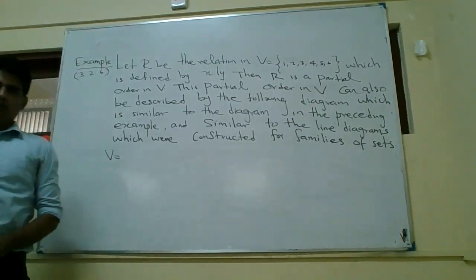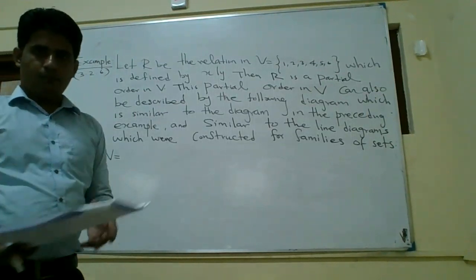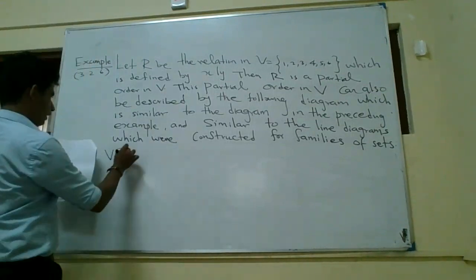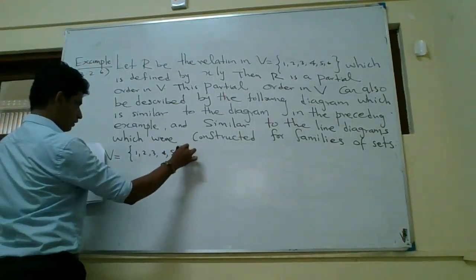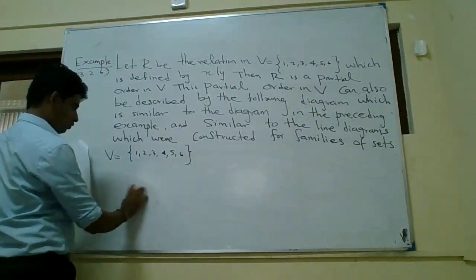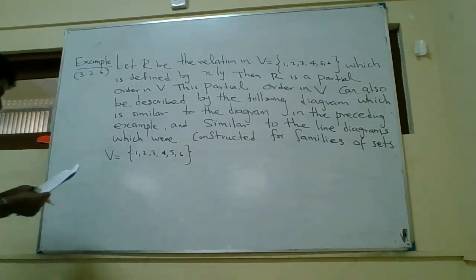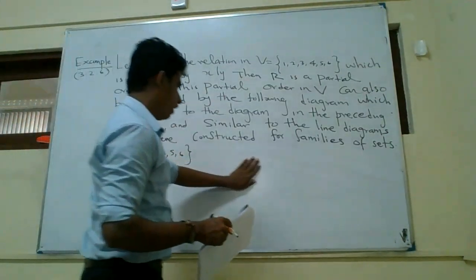You have this B consisting of 1, 2, 3, 4, 5, 6. Therefore, you want to construct the diagram first. Here, X divides Y. That's what I will explain, right?